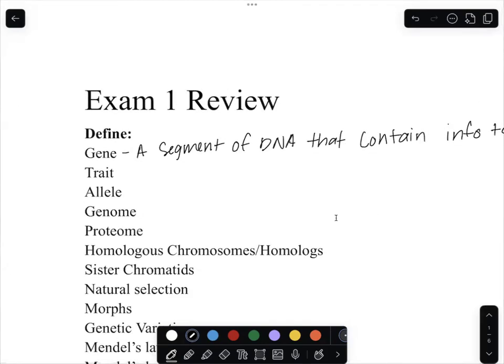Okay, and a trait is the physical characteristic of an organism.